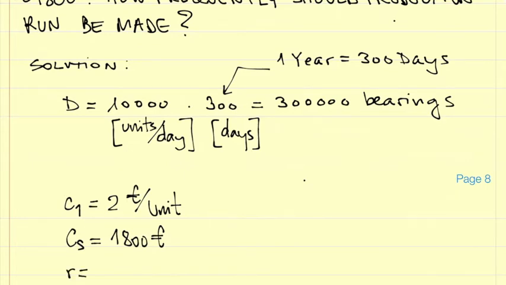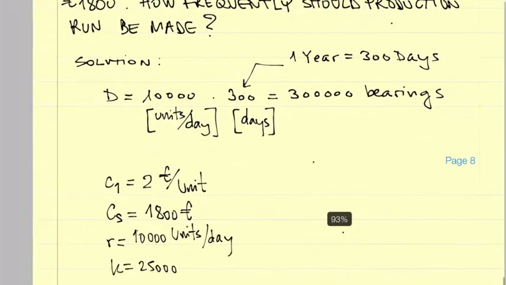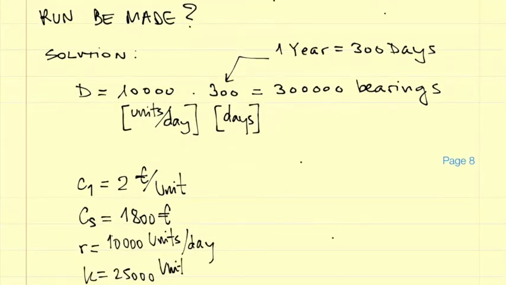R is 10,000 units per day. K is 25,000. So you need to understand all the concepts.